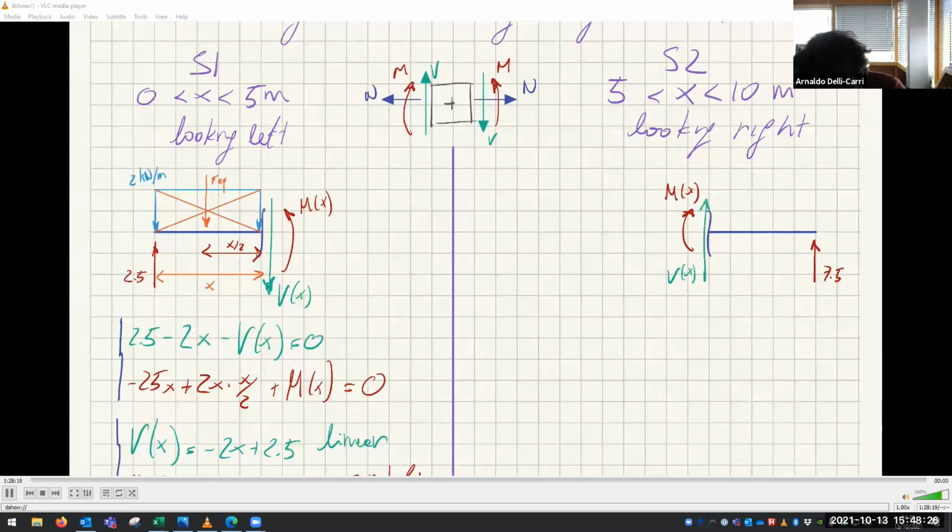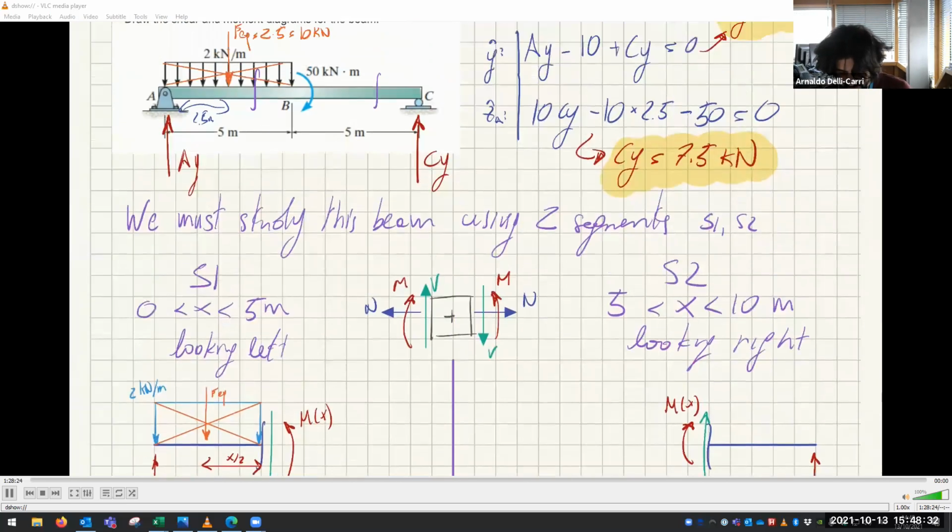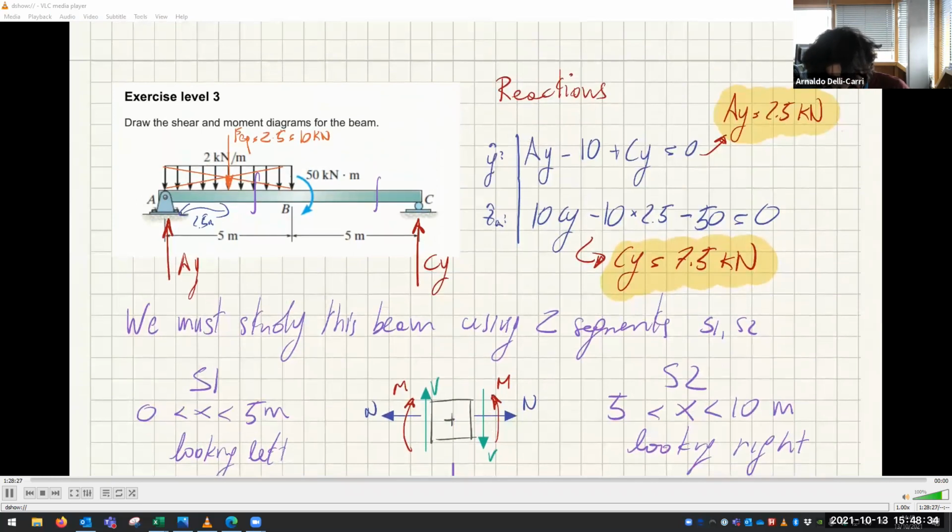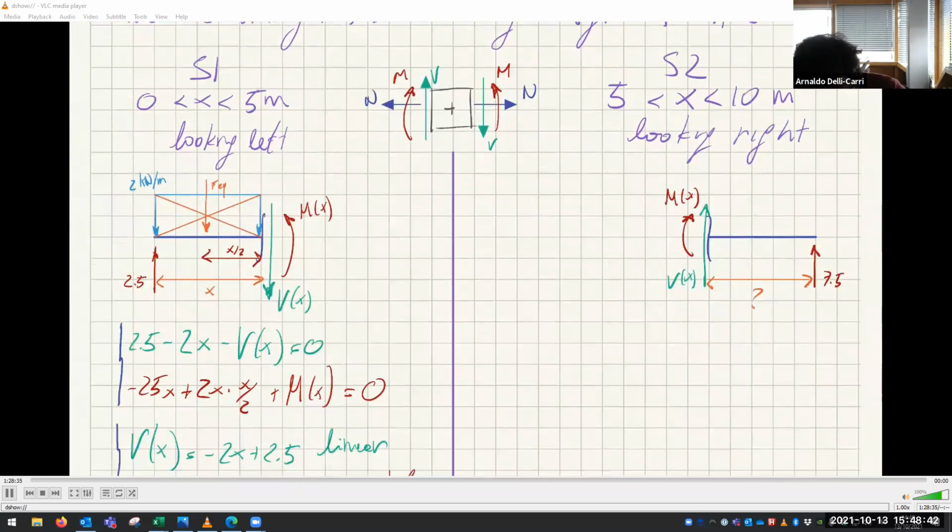What's this distance? Very important. Have a look. This is always x, always from the start of the beam to the cut. So this is 10 minus x. This distance here is 10 minus x.